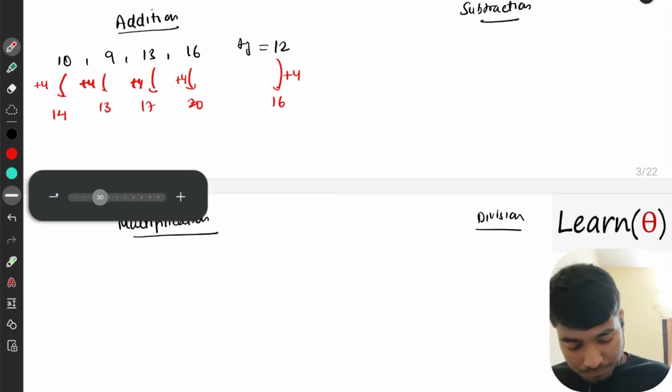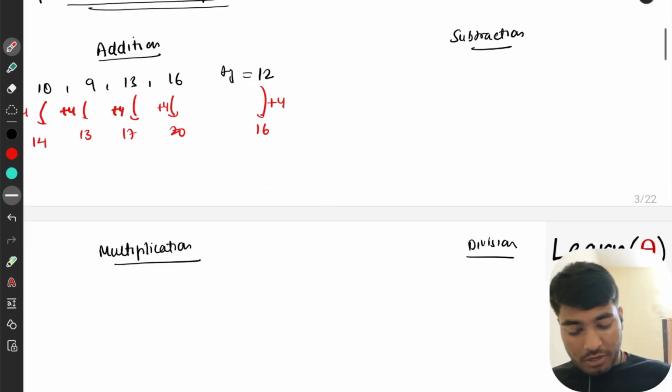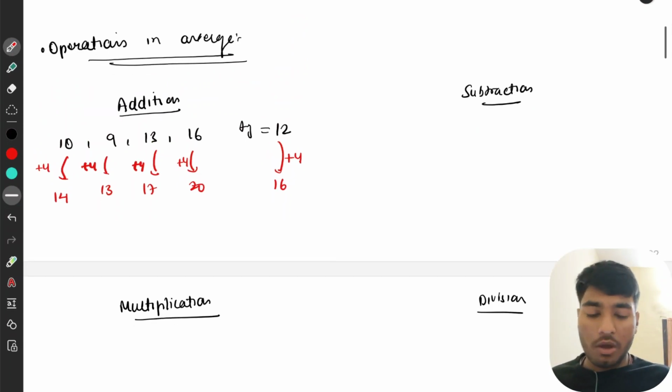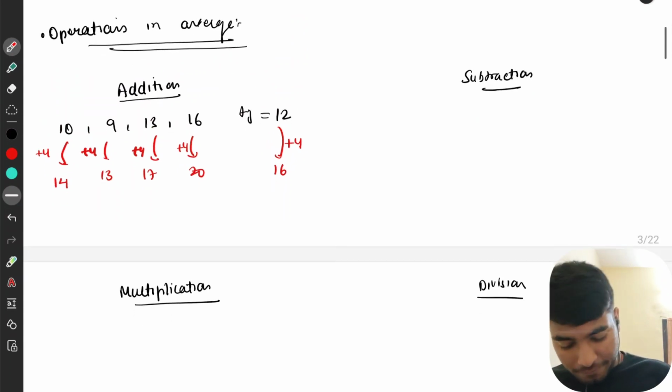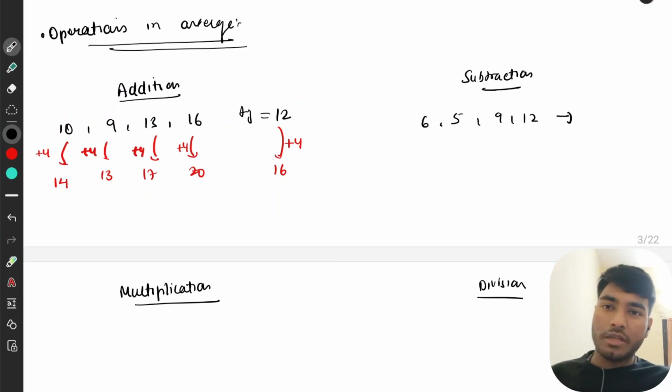Okay, so I think you understood the value in case of addition. In the same way you can find it for subtraction. How can you find it for subtraction? Let us take different numbers. Let us say that I am taking the numbers 6, 5, 9 and 12. Okay, what is the average here? Do not write the formula at all, just do it in your mind. 6 plus 5, this is 11, 20, 32.